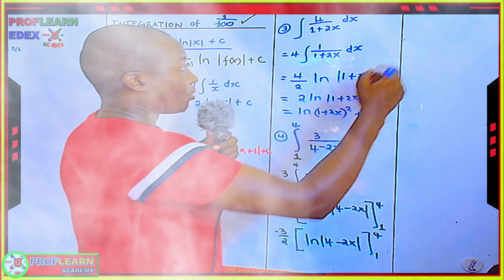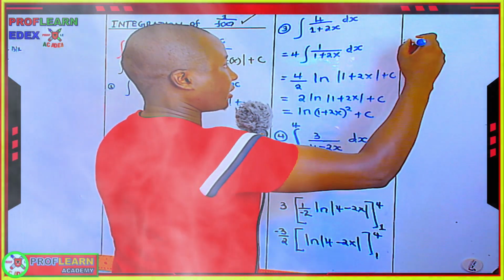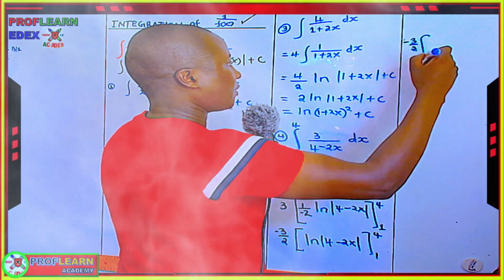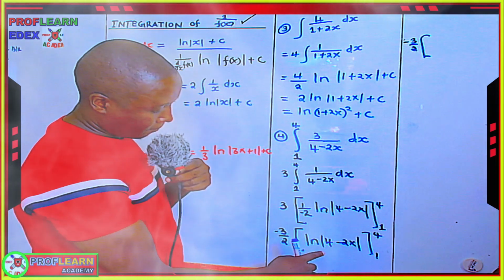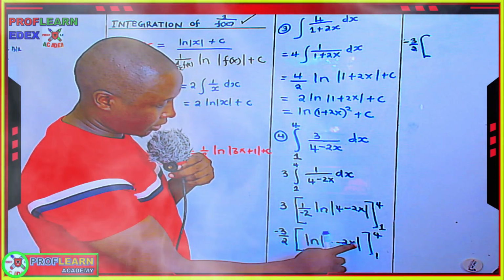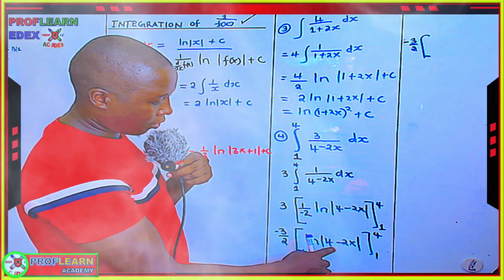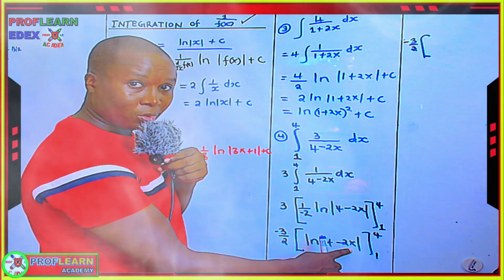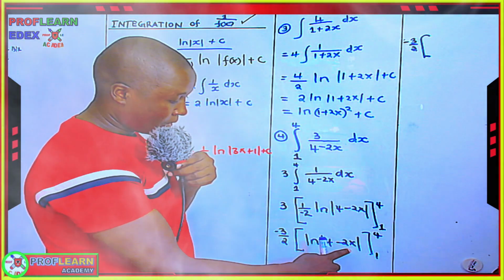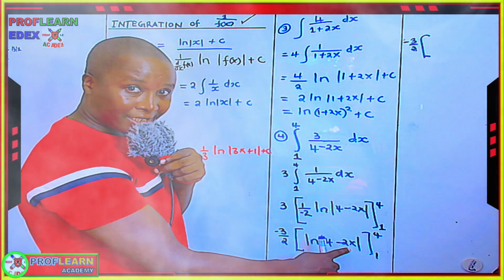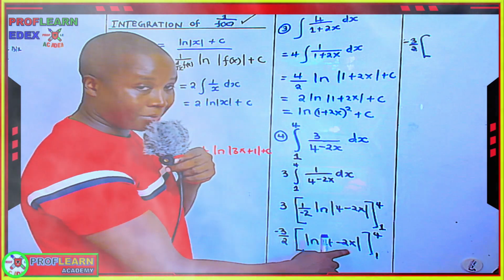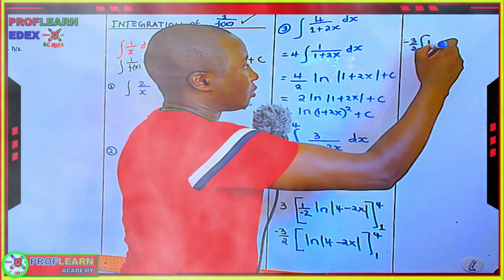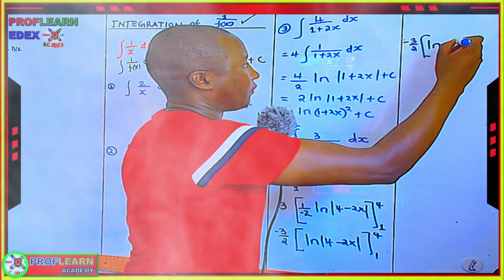So we are going to have our expression as negative 3 over 2 into brackets. Substituting 4 here, it will be 4 minus 2 times 4. This is going to be minus 8 here. So 4 minus 8 will be negative 4. So the first part will be ln of negative 4.